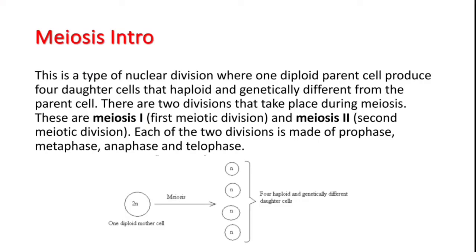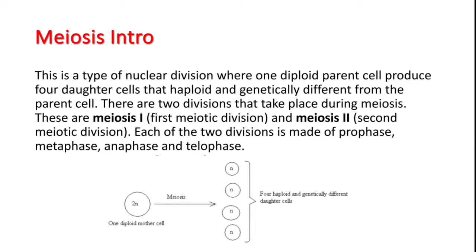In other words, we can say there are 2 stages. As a cell is dividing from one cell to 4, that process occurs in 2 stages. Okay, these are meiosis 1 or first meiotic division, which is stage 1, and meiosis 2 or second meiotic division, which is stage 2. So the process of meiosis occurs in 2 stages.